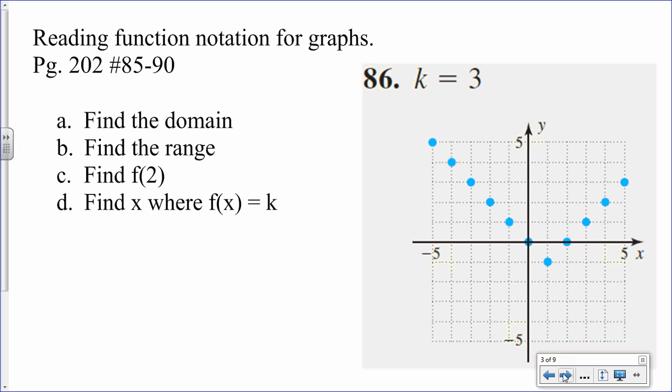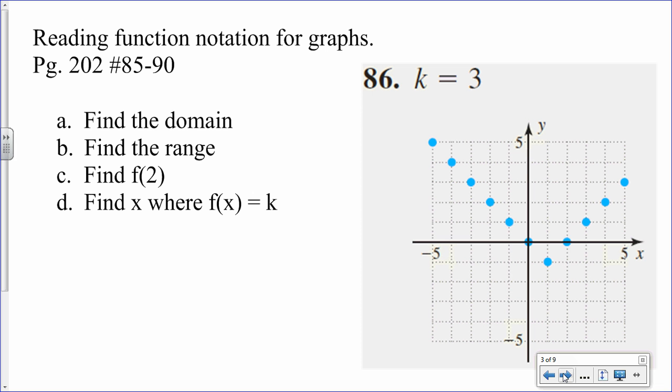Okay, I noticed first of all that this graph is not connected. So for my domain and range, I'm not looking for an interval. The intervals would mean that I need every single point, even in between these points.